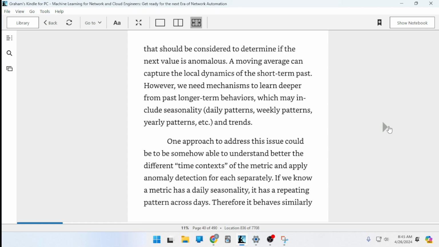A moving average can capture the local dynamics of the short-term past. However, we need mechanisms to learn deeper from past longer-term behaviors, which may include seasonality, daily patterns, weekly patterns, yearly patterns, etc., and trends.